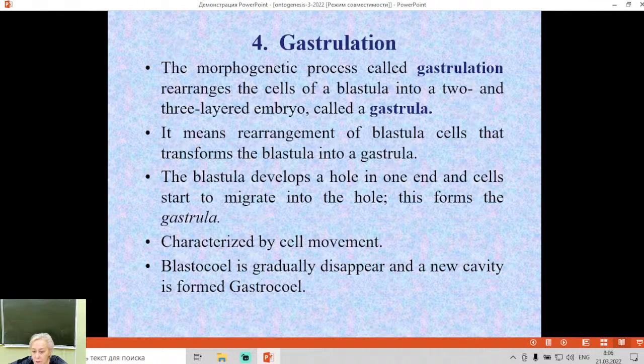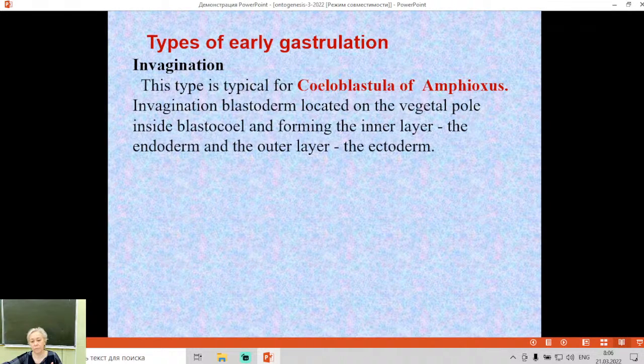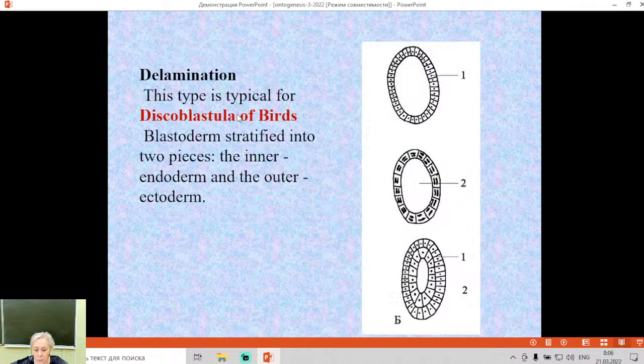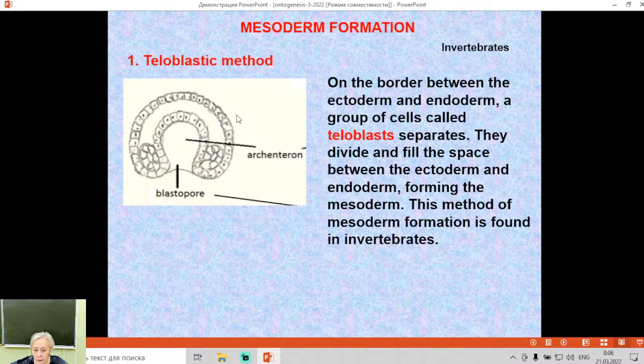Gastrulation is a process of formation of embryonic layers: ectoderm, endoderm, and mesoderm. And we considered 4 types of early gastrulation: invagination, epiboly, delamination, and immigration, and 3 methods of formation of mesoderm. There are 3 types of late gastrulation.